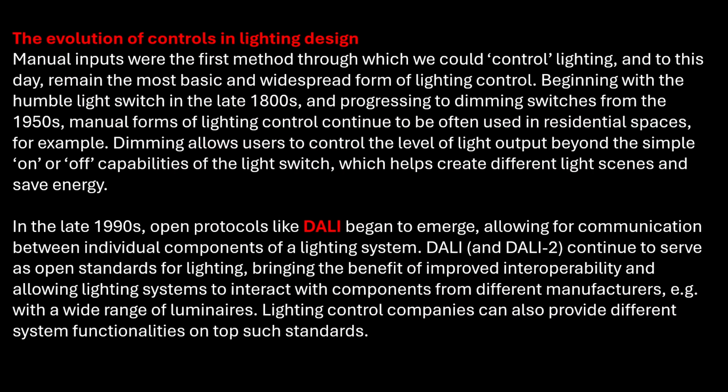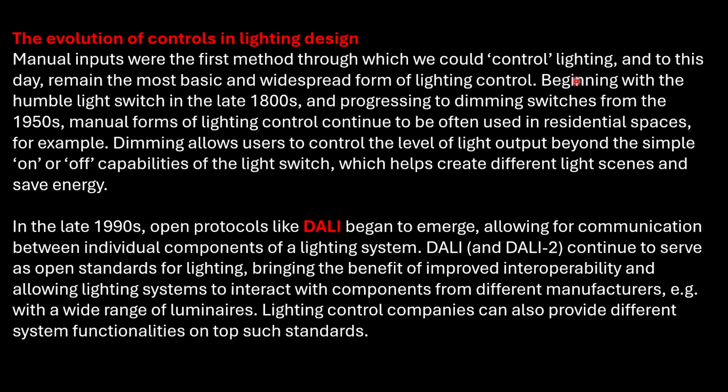Now, something about the history and evolution of controls in lighting design. Manual inputs were the first method through which we could control lighting, and to this day remain the most basic and widespread form of lighting control.